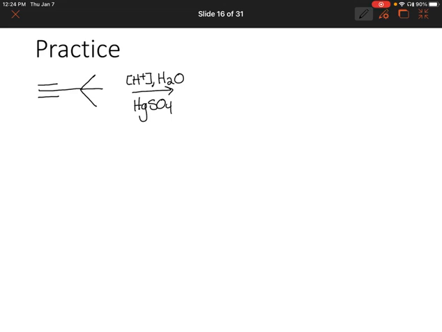All right, so what I would like you to do is draw the enol that would result, and then draw the enol to ketone tautomerization mechanism. So you can go back and look at the last slide if you need to, or rewind the video, or you can look back at your notes. Feel free to pause the video as you do this problem, and then when you unpause, we'll go over it together and make sure we have the right steps.